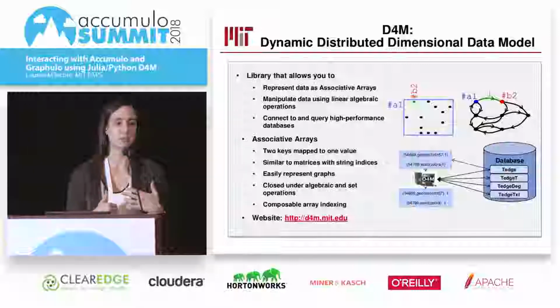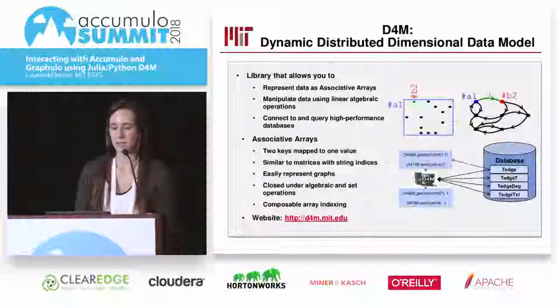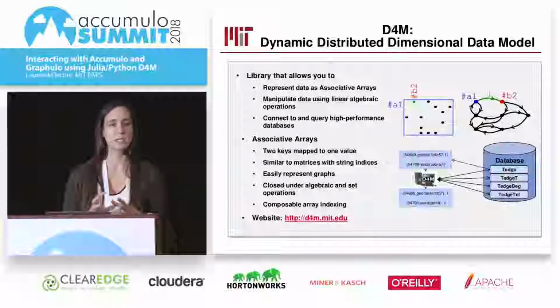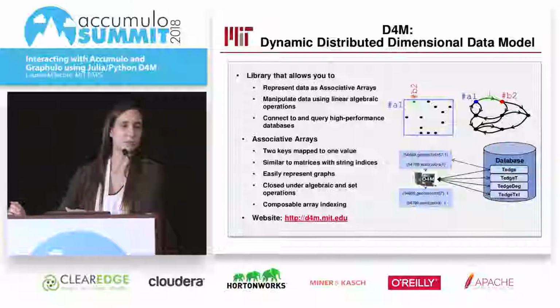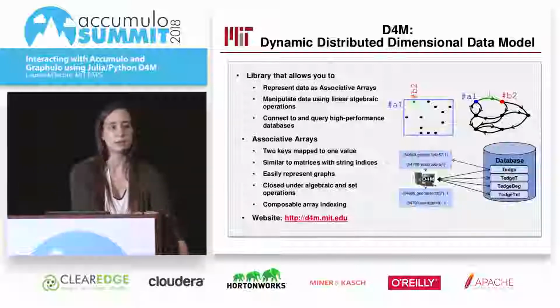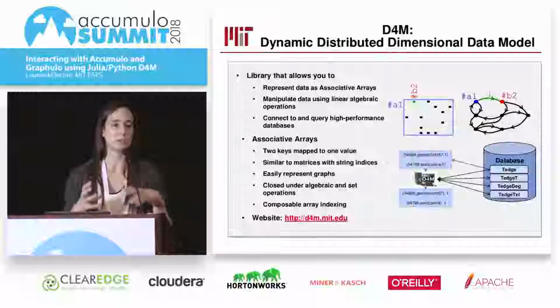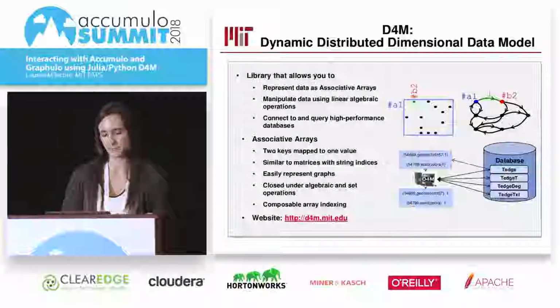When you index into an associative array, whether you're using numeric or string indices, the result is going to be another associative array so that you can continue to run your analytics on that as well. And that's where things like dictionaries, for example, which is a similar data type, differ. A dictionary will give you the value as opposed to a subset of that dictionary.